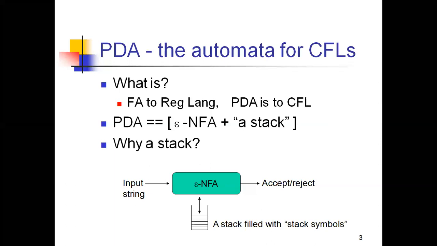And with the stack, we are showing the acceptance of the PDAs, right? Initially our input string is given, and we are showing whether it is accepted or rejected. For showing that, we are using a stack here. The stack is filled with stack symbols, and we are doing push or pop operations.